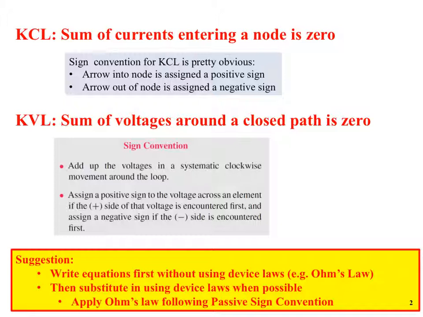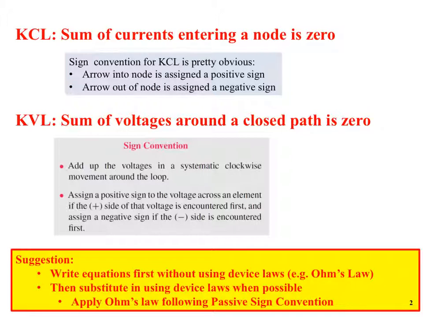So we'll put an arrow into a node and put a name on it, say I1, and so then when we're writing our equation, we will add that current. For every arrow out of the node, we put a name on it. We will subtract that name to have it coming out of the node.